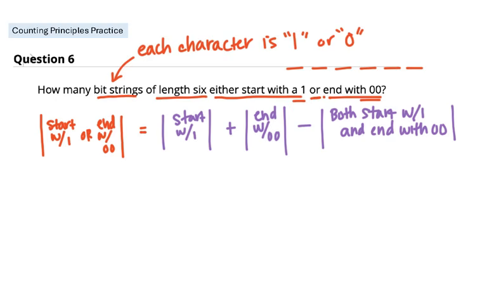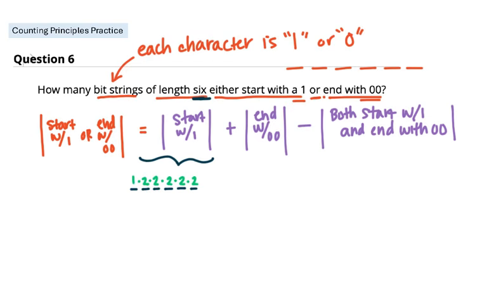So let's look at starting with 1. Okay, it's a bit string of length 6. 1, 2, 3, 4, 5, 6. If it starts with 1, then that's the only choice I have for that first slot. But for each other slot, it could be either a 1 or a 0. So I have 2 choices, 2 choices, 2 choices for each of these slots.